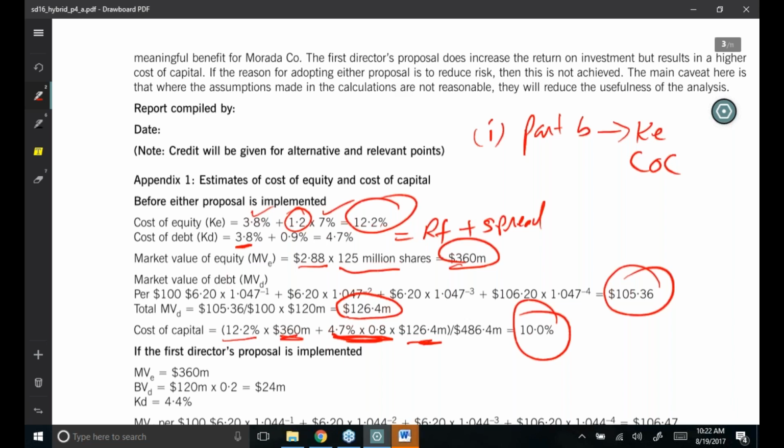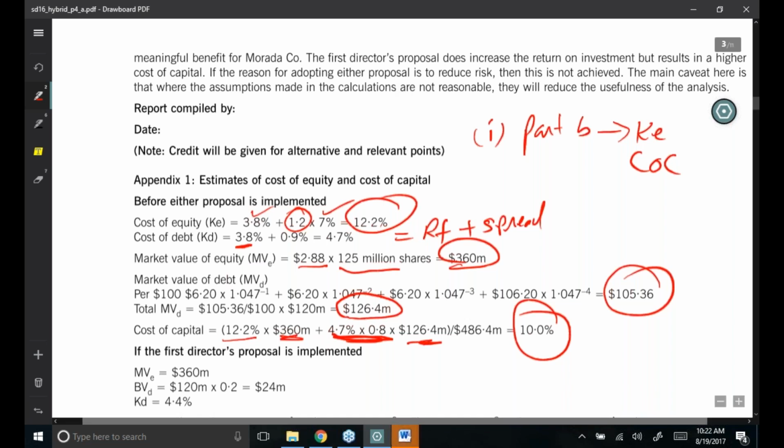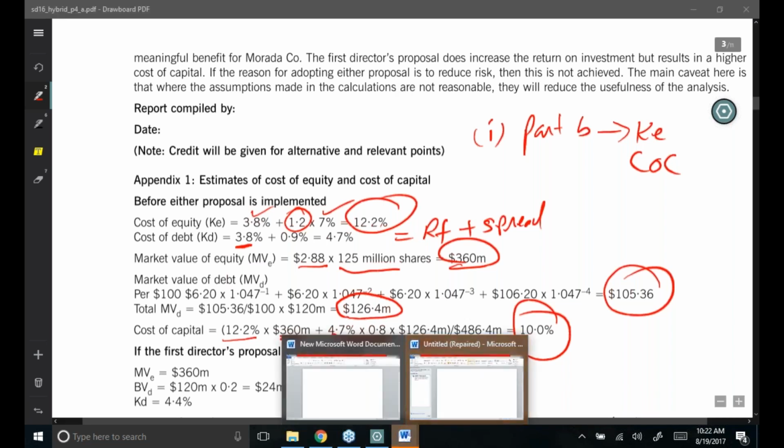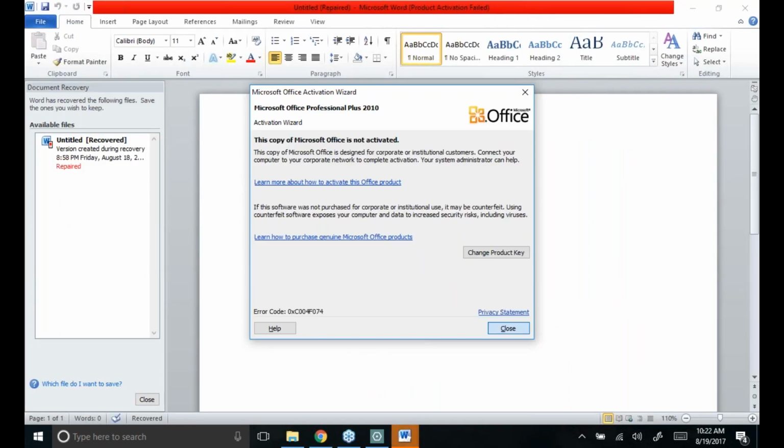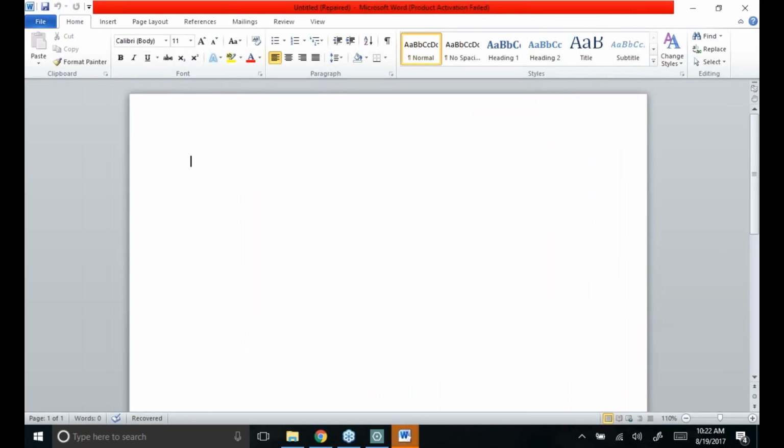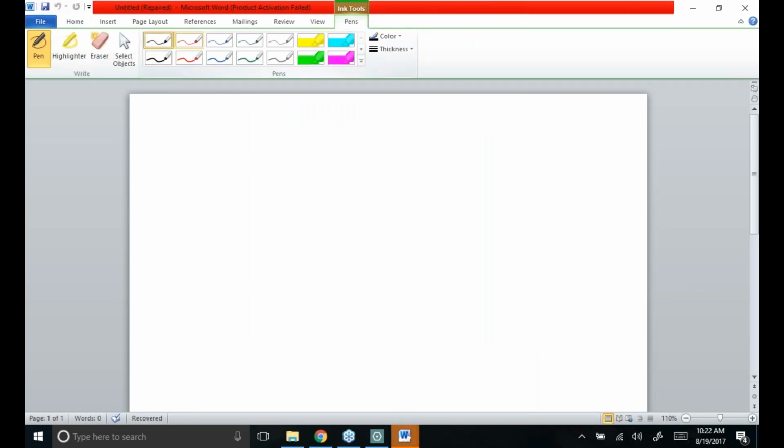Let's move on to if the first director proposal is implemented. If the first director proposal is implemented, we need to calculate four points.